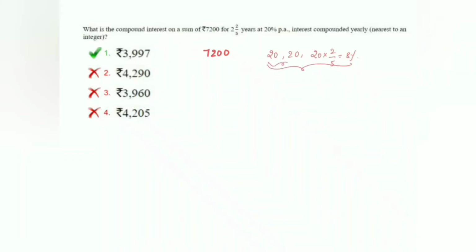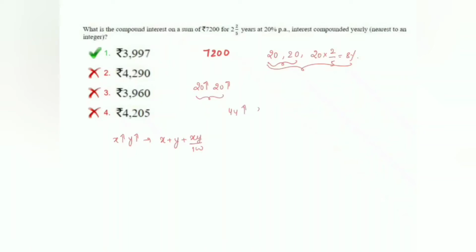First do 20, 20. 20 increase followed by 20 increase, we all know. Generally the formula for x increase followed by y increase is x plus y plus xy by 100. Keep that in mind. So I can say this is 44 directly.